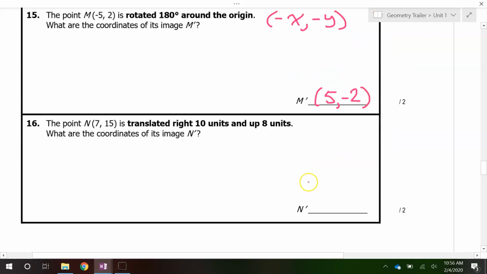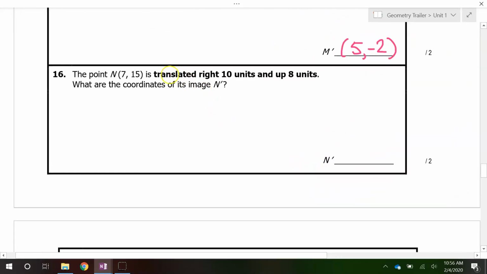That's it. Number 16. We are translating to the right 10 units and up 8 units. So that means we're going to take any x value and we're going to add 10. All right, that's how you do right 10. And if I want to go up 8, that means I need to add 8 to the y value.